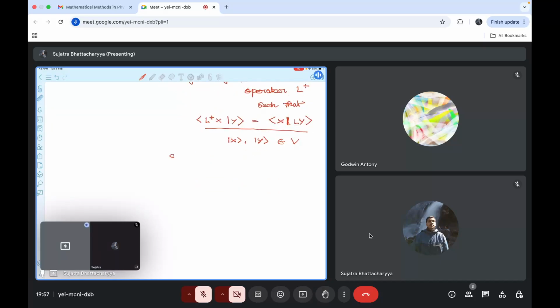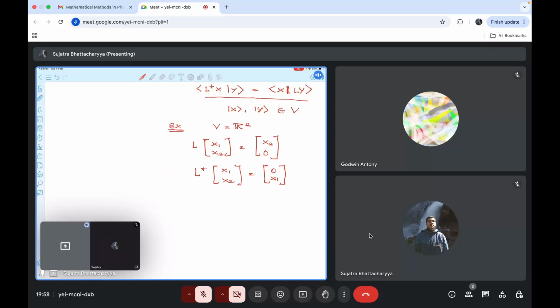Just one example to end with. Suppose V is R2 real space. L of (x1, x2) is (x2, 0), some kind of operator which gives you this. And L dagger I just want to prove is (0, x1).